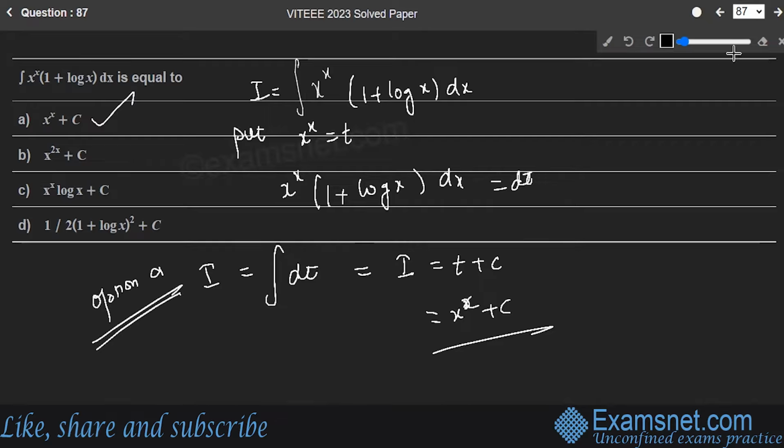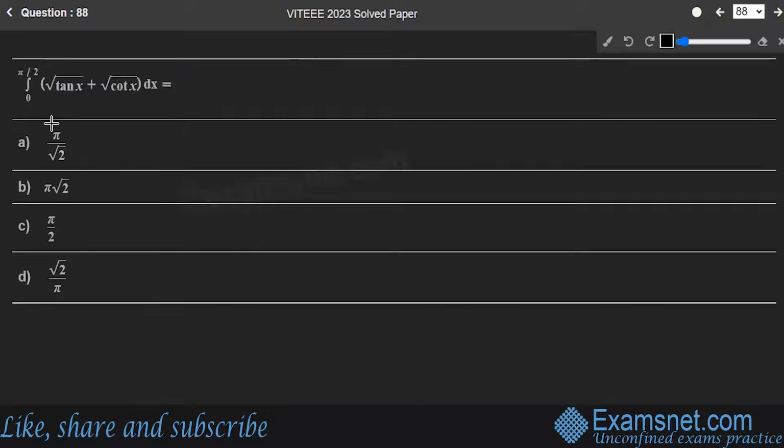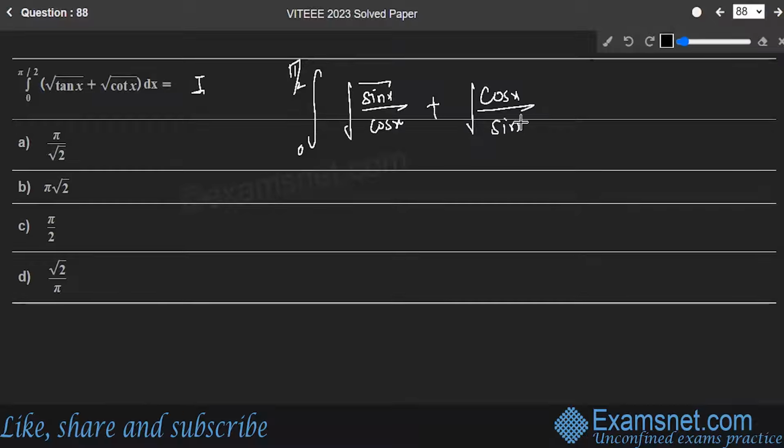Hope you got that. Next is the 88th question. Integral of limit 0 to pi by 2, root of tan x plus root of cot x is equal to. Let's start with this. Let's say this is equal to I. So integral 0 to pi by 2, this is given by root of sin x upon root of cos x plus root of cos x upon root of sin x dx.